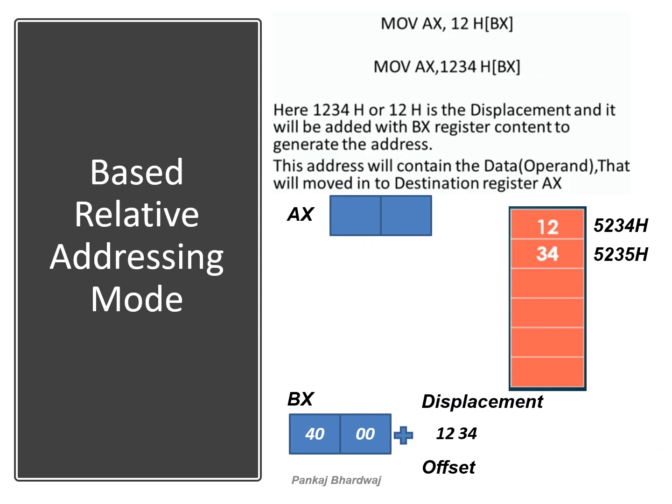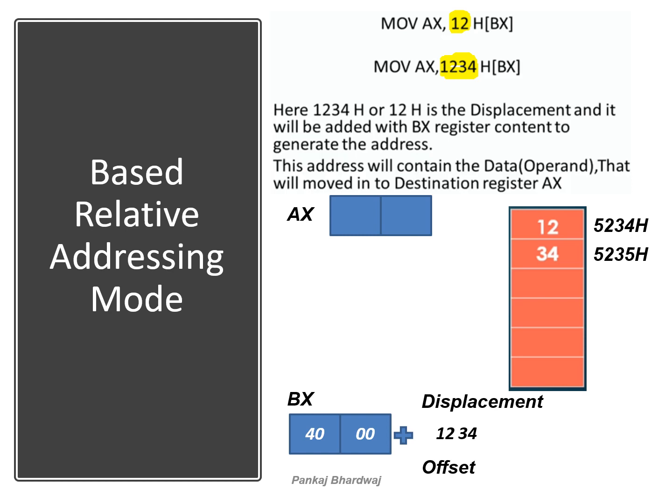Next is based relative addressing mode. In based relative addressing mode, we'll be having an offset or displacement in 8-bit or 16-bit, which will be given by 12 or 1234, for example, in this case. That means we'll be having an offset which will be added to this base index value.